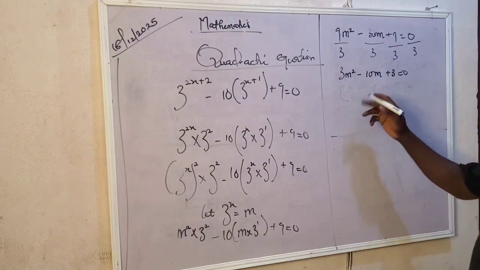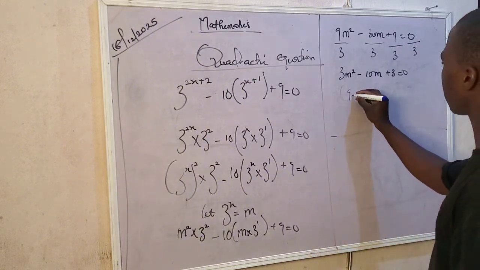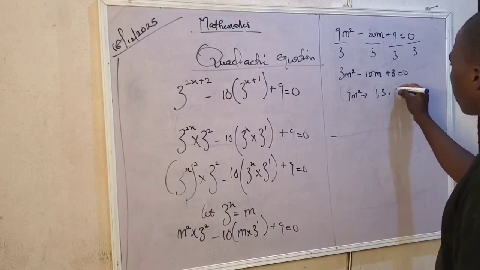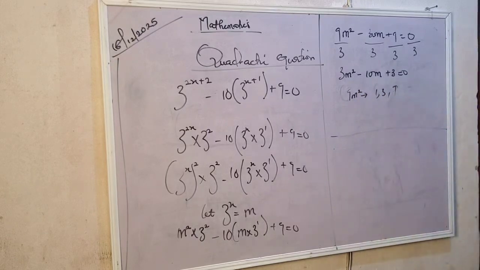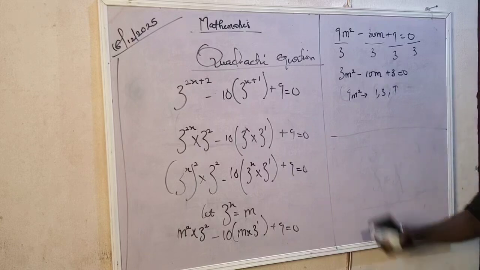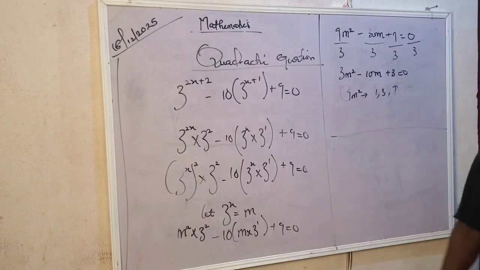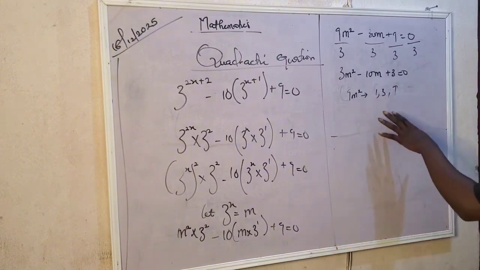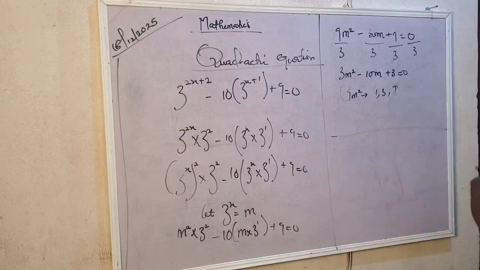So now, this same thing we did there becomes 3m squared. What are the factors here? We have 1, 3, and then 9 itself. So what are we going to do? We are going to look for two numbers that when we add or subtract them give us negative 10, and when we multiply them give us positive 3.